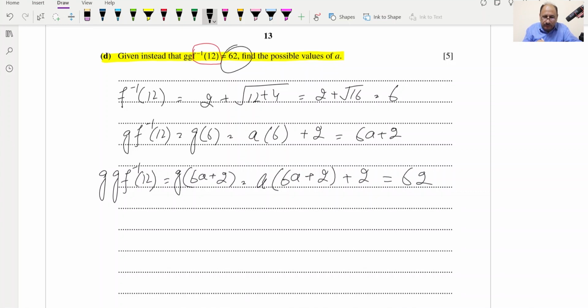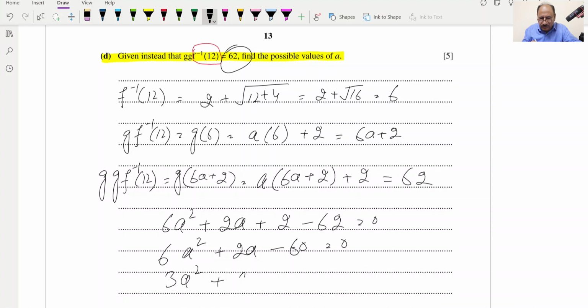So now we can simplify. This will be 6a squared plus 2a plus 2 minus 62 equal to 0. So our final equation will become 6a squared plus 2a minus 60 is equal to 0. We can take 2 common, so 3a squared plus a minus 30 is equal to 0.